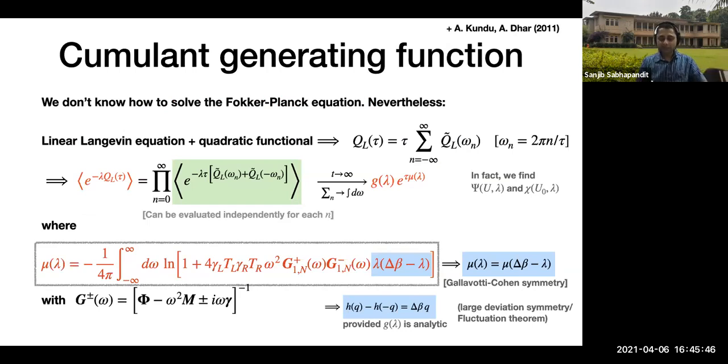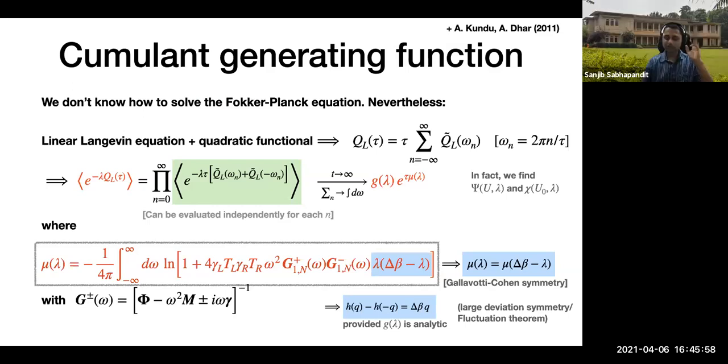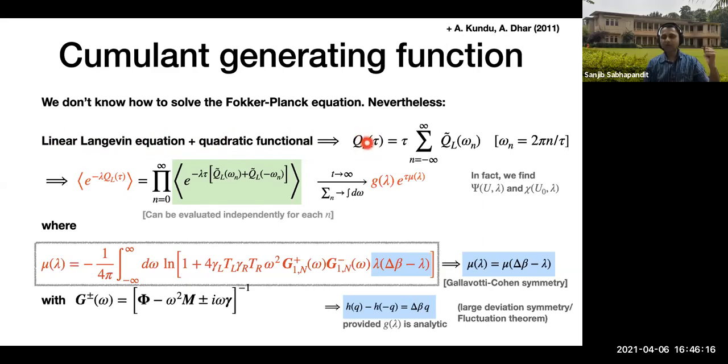Of course, what I have told you is just a formal listing, but we don't know how to solve this Fokker-Planck equation because it's a very complicated one. Nevertheless, what we have found out with Anupam and Abhishek is that given that these Langevin equations are linear and you are looking at a quadratic functional, you can actually find mu(lambda) and g(lambda) exactly. Instead of looking at Q in the time domain, you can look in the frequency domain.